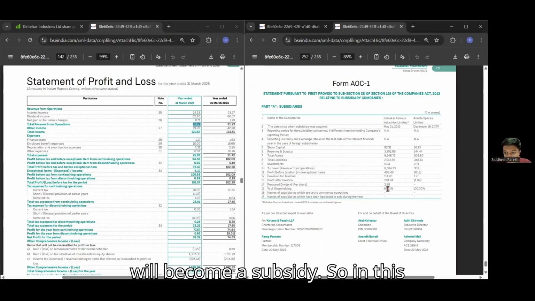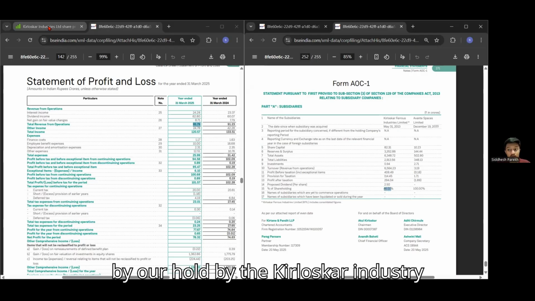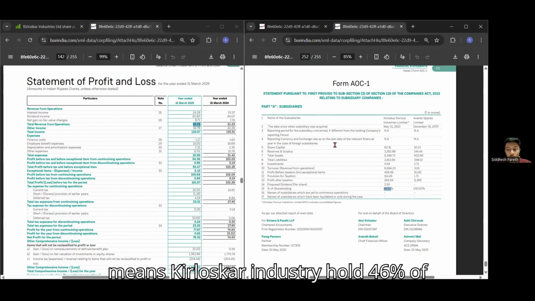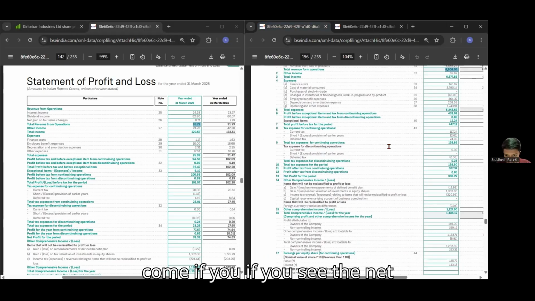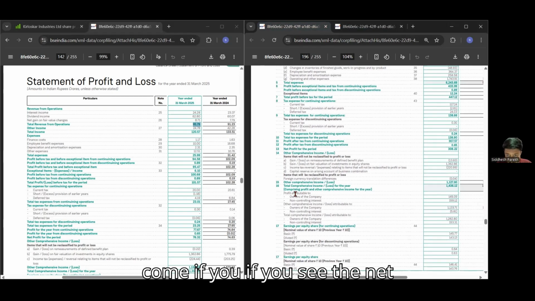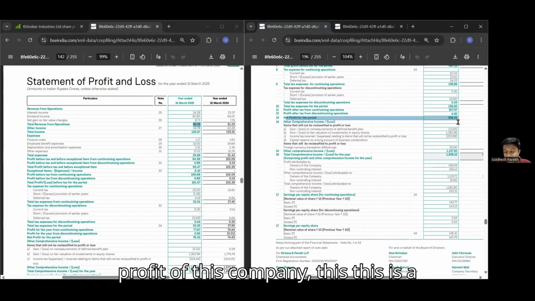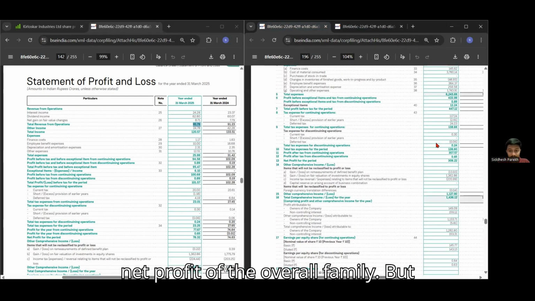Here you will see 46% is held by Kirloskar Industries, meaning Kirloskar Industries holds 46% of Kirloskar Ferrous Limited. If you see the net profit of this company, this is the net profit of the overall family.